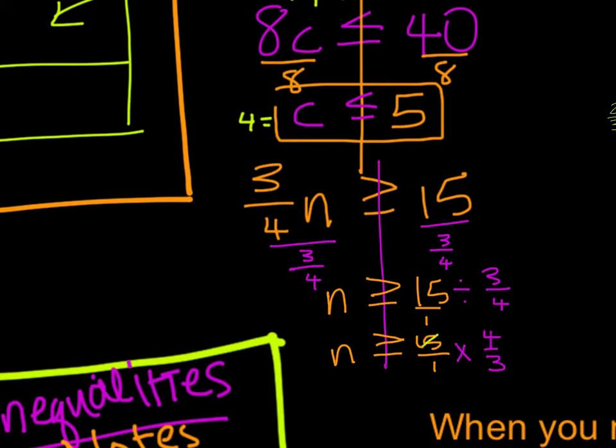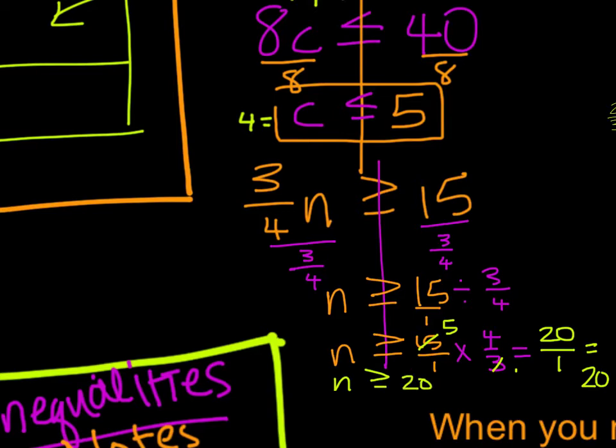From there, let's do a cross simplification. 15 has a 3 in it and 3 has a 3 in it, so we could rewrite this as 5 and rewrite that as 1. So let's multiply straight across. 5 times 4 is 20 over 1, which is simply 20. n is greater than or equal to 20.